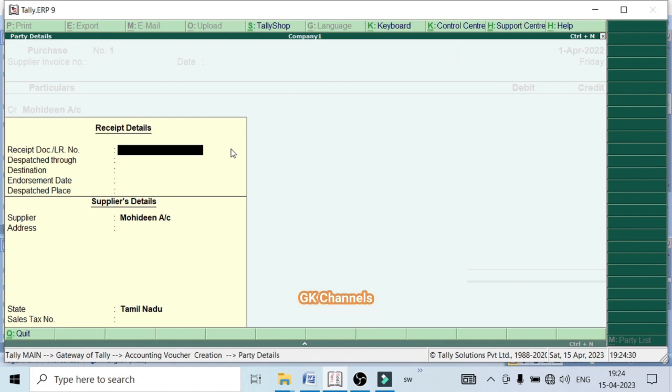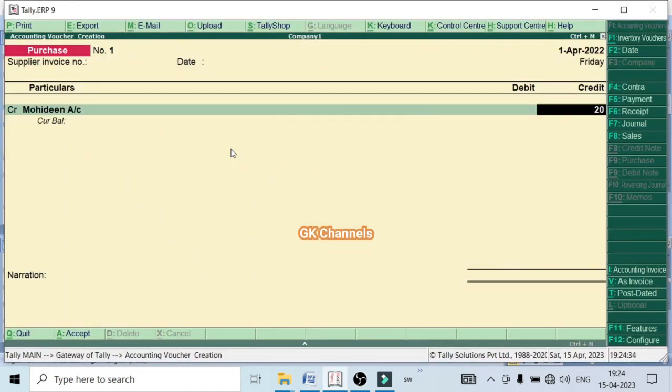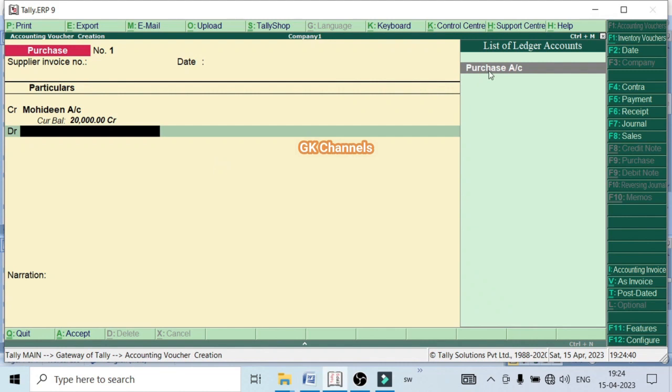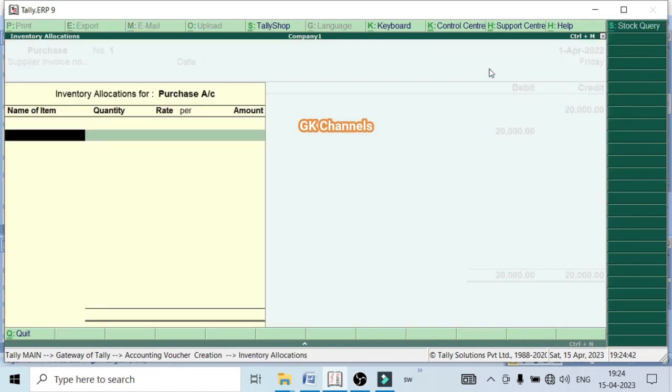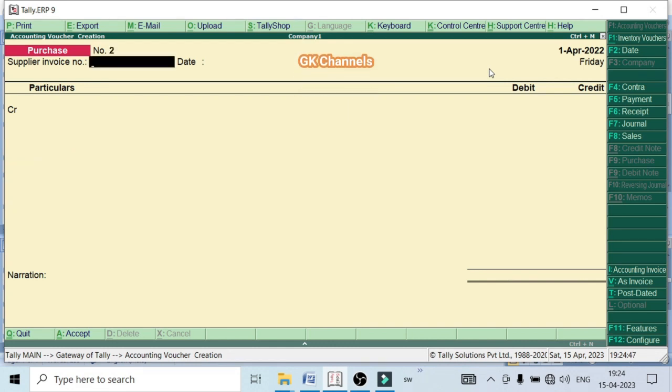Secondary screen I am skipping. Amount is 20,000. Debit purchase account. Secondary screen I am skipping. Amount is 20,000. Ctrl A to save the screen.